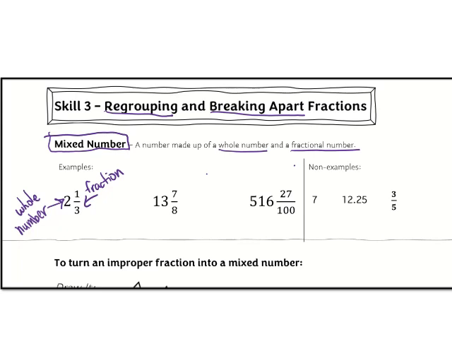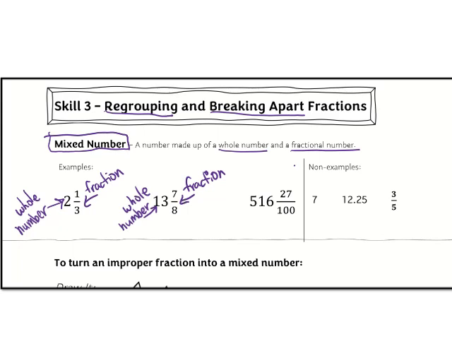Our next example is 13 7/8. 13 is our whole number, and 7/8 is our fraction. Again, this is a mixed number because it has a whole number and a fraction. Continuing on, we have this one.